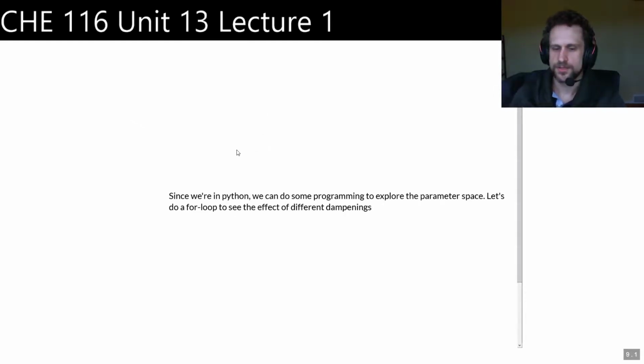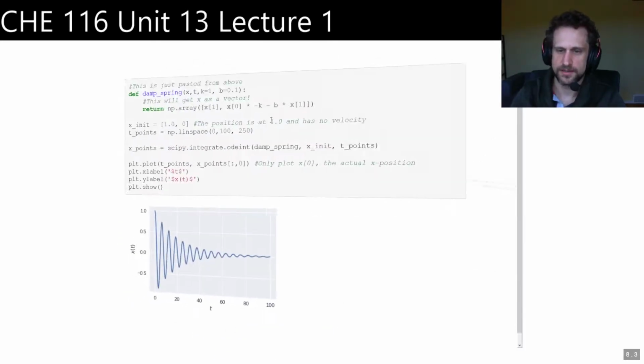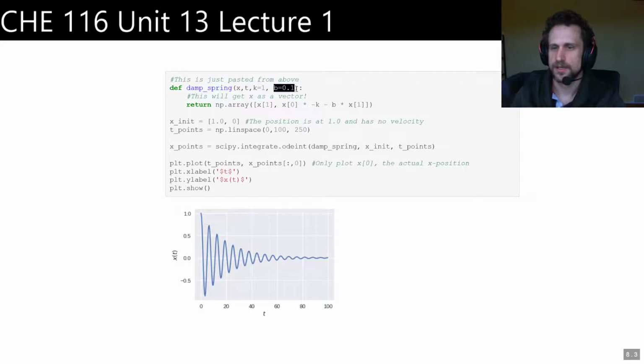So just for fun, we can show this little example. I made in my spring dampening system my B, how much the spring is dampened, a parameter I can change.